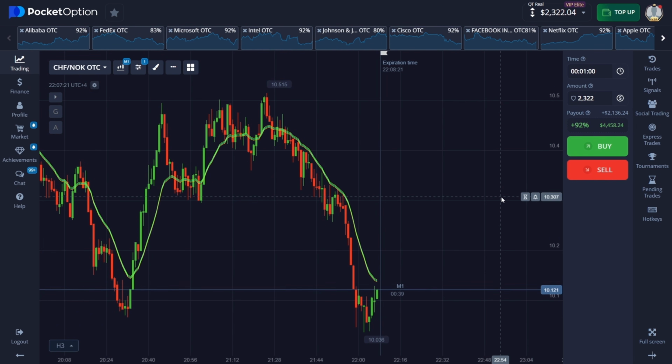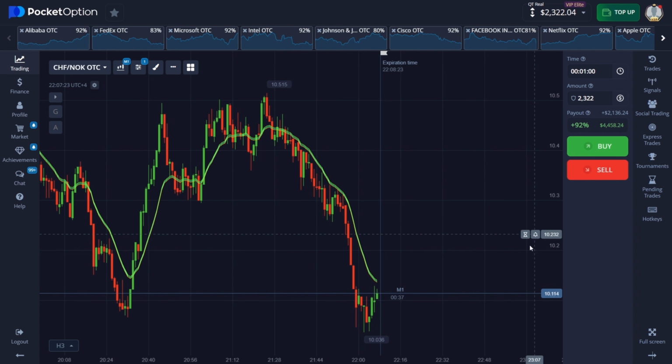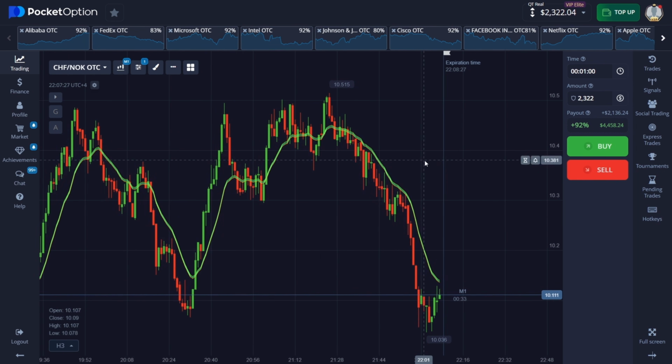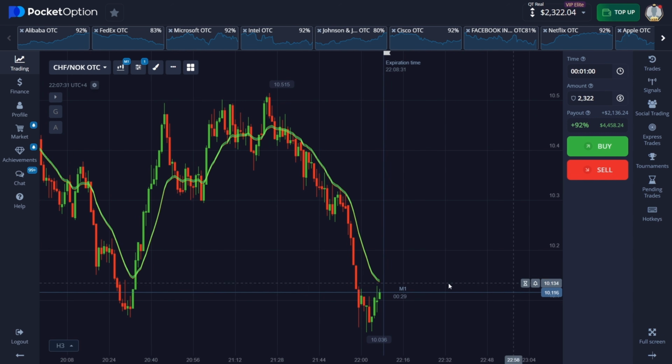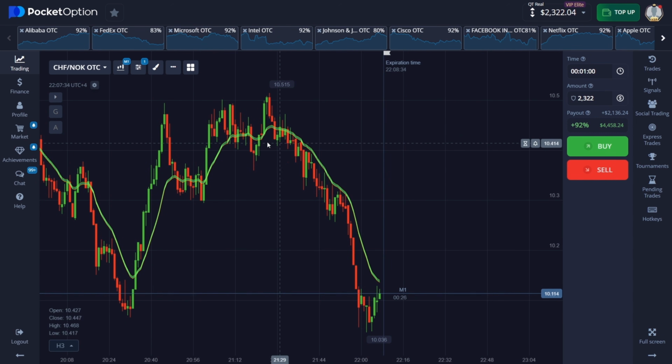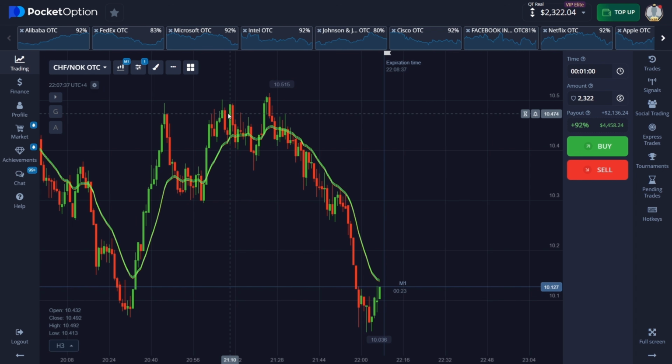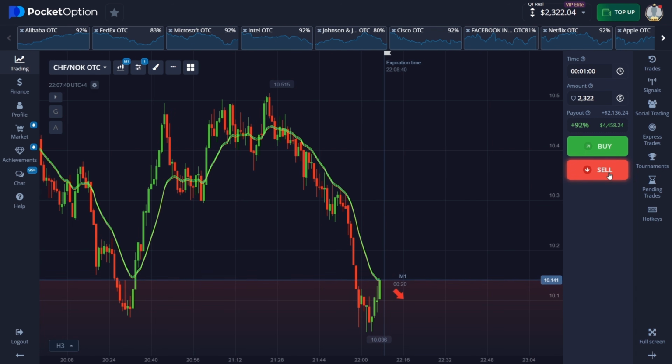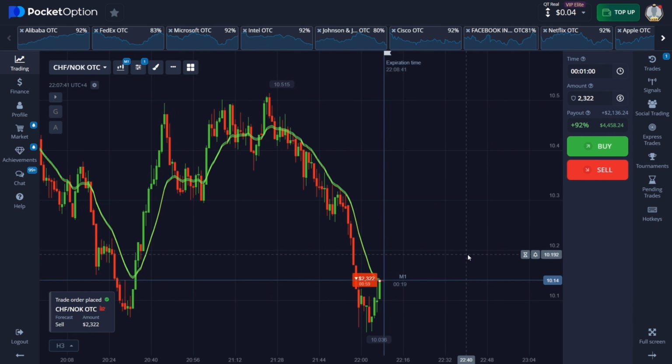I found a trade. If this candle closes near the level, I'll place a trade for the downside move. I got the entry near the level, so I placed the trade for the downside move worth $2,322.